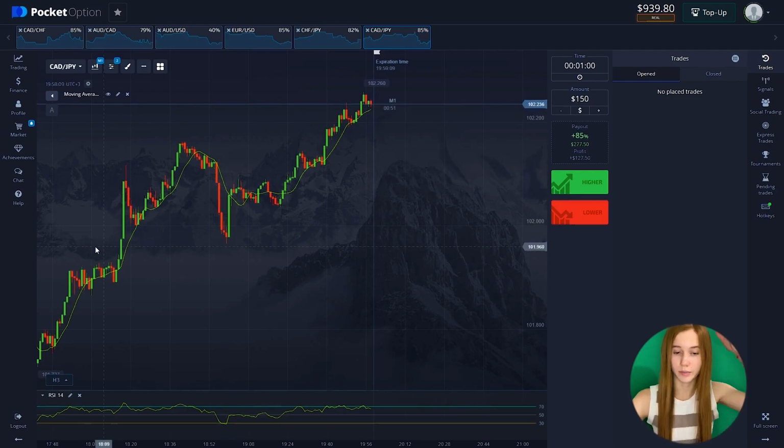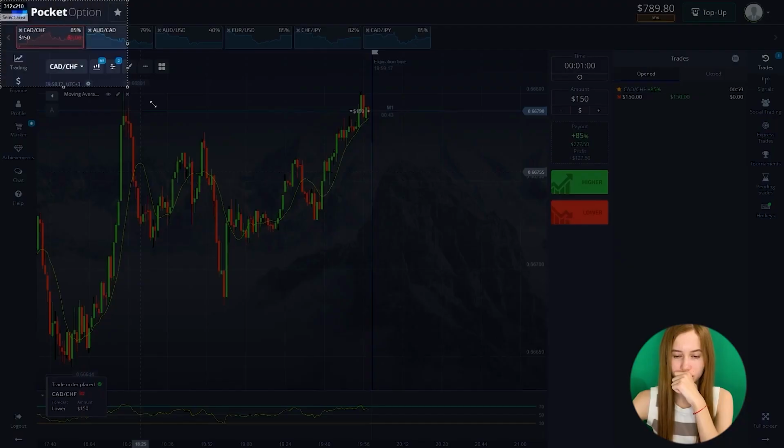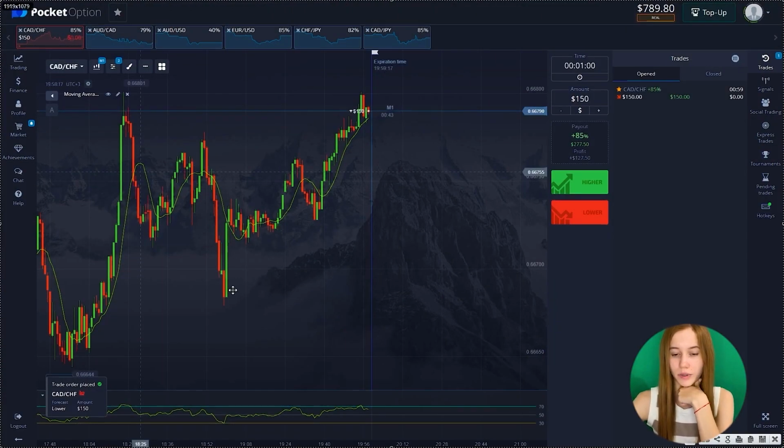Let's reduce the deal amount. Here we're up and down, and we start our technical analysis. What we see is that we are still in a slight drawdown. That's why we open down. Why?